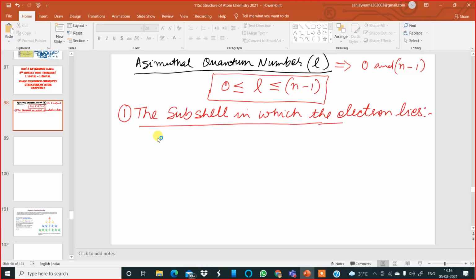This is the first information provided to us by the azimuthal quantum number, which I have already told you in the morning class.